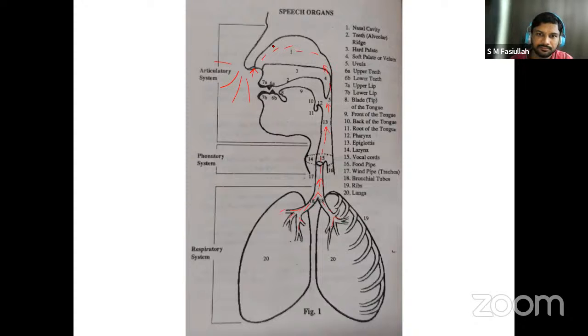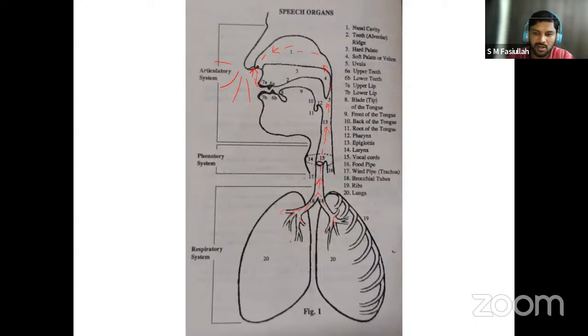Okay, and then it is out. So the air is coming in, going to the lungs, and then coming back, right? While entering, it is taking oxygen in. While coming out, it is taking carbon dioxide out.